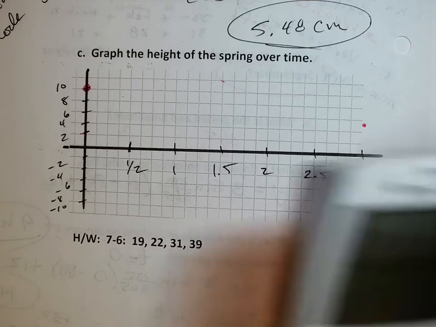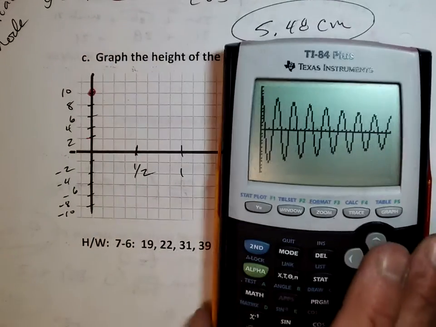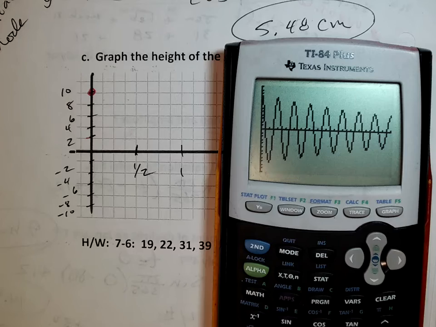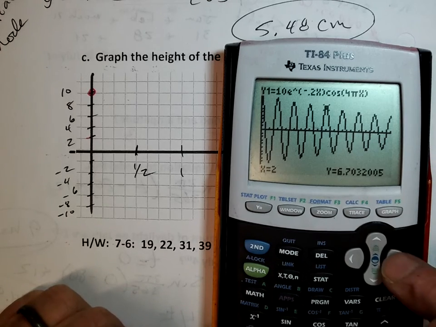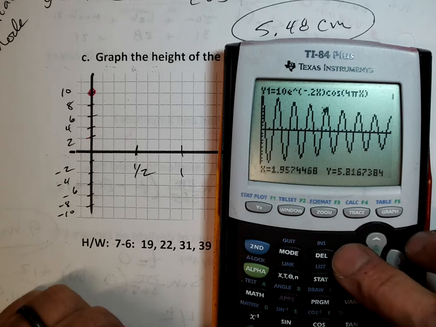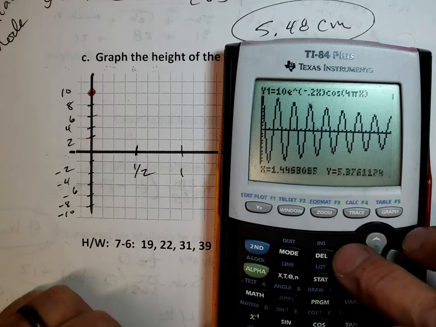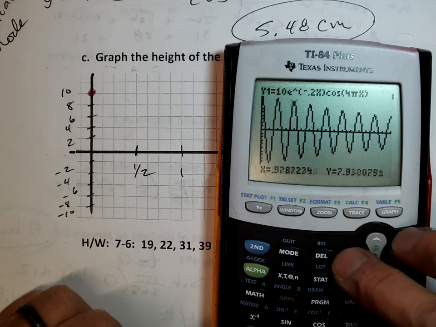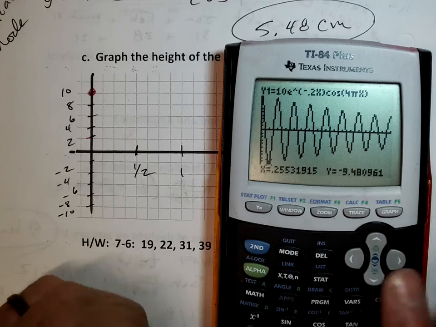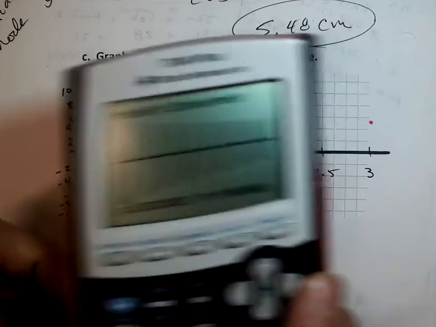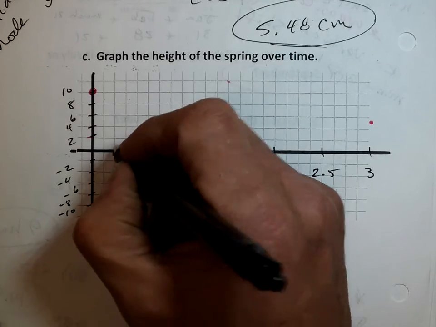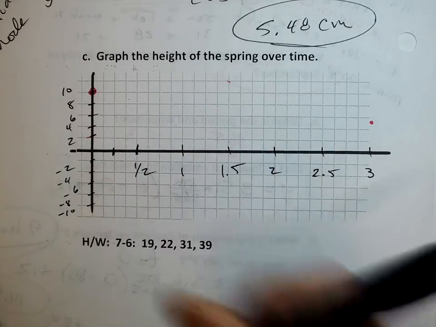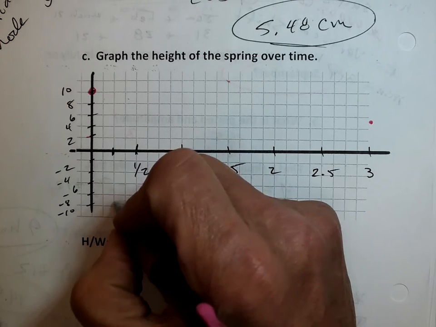And now what I want to do is put this picture on my graph. So let's use the trace button, okay? If I use my trace button, I don't have to have all of it, but if I get a general picture of what it looks like, 0.25, which is about 1/4, is about a negative 9.